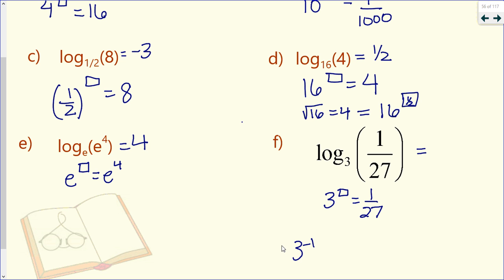So 3 to the negative 1 is 1/3. 3 to the negative 2 is 1/9. Yeah, so it's going to be -3. So when you see those fractions, you're going to have to remind yourself that that's going to require a negative power.